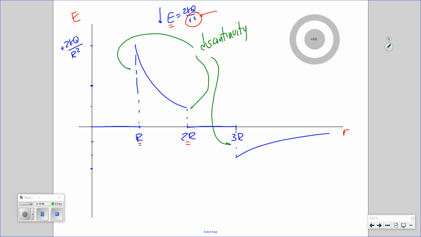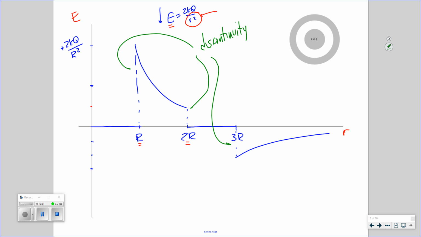That's because, by definition, inside any conductor, the field is 0. And outside any conductor, if the conductor is charged, there will be an electric field. So there has to be a field that goes from 0 inside to something outside, and thus we get what's called that discontinuity.